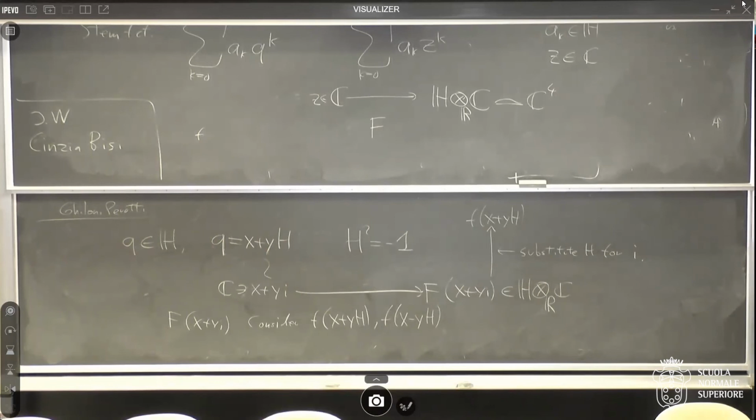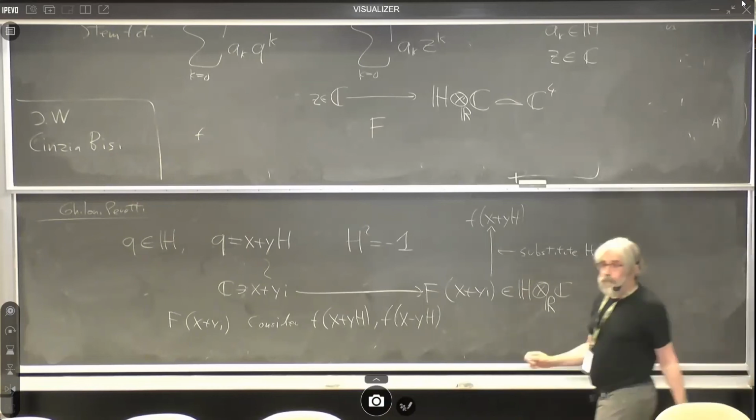If I have such a function, so f is now an entire quaternionic function, and big F is the associated stem function, then I can say there exists a quaternionic number where the small f assumes the value 0 if and only if we have a property about the stem function.